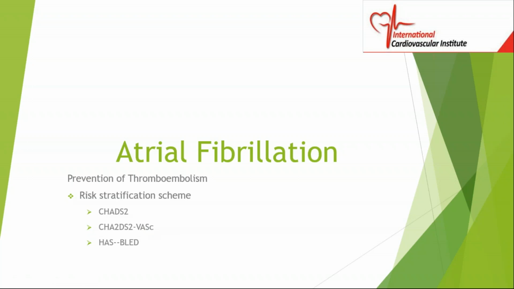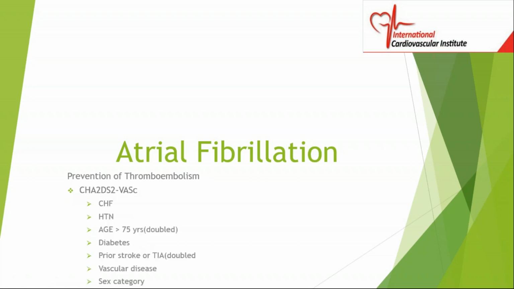So being a female, you get 1 point. This is the bleeding score. It's called the HAS-BLED score. We don't use it too much, but it can help you somewhat. So this is your CHA2DS2-VASc score, which is the current scoring system that we're using.